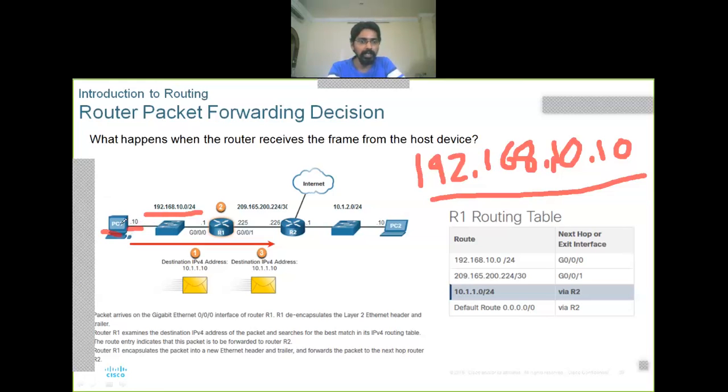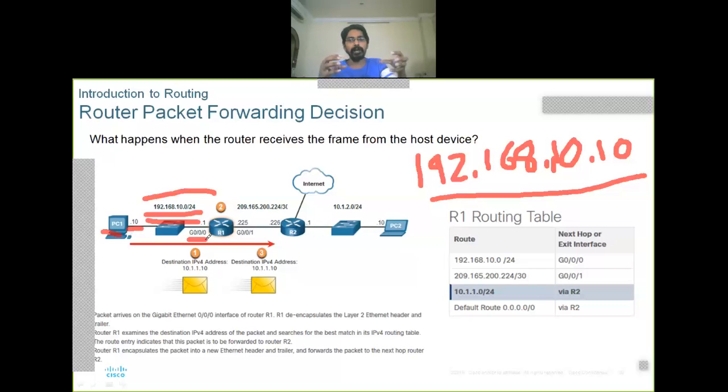And what is its network address? This is the network address, 192.168.10.0. Okay, 192.168.10.0 is the network address of this network. Then the router interface Gigabit Ethernet 0/0/0 is an interface.